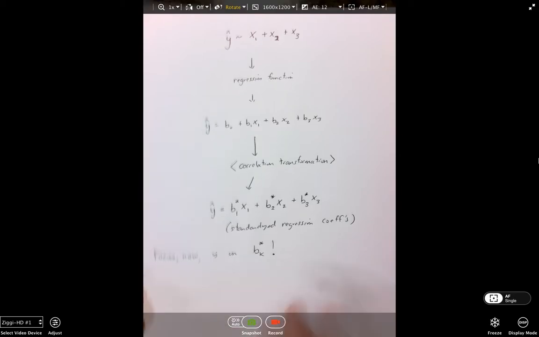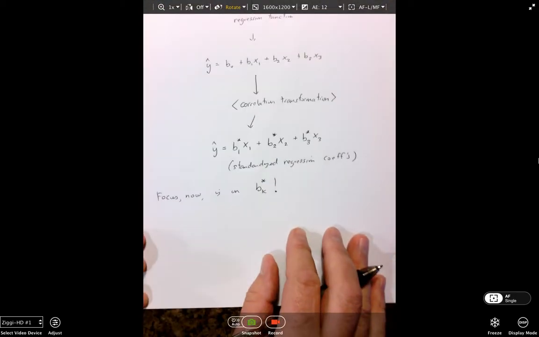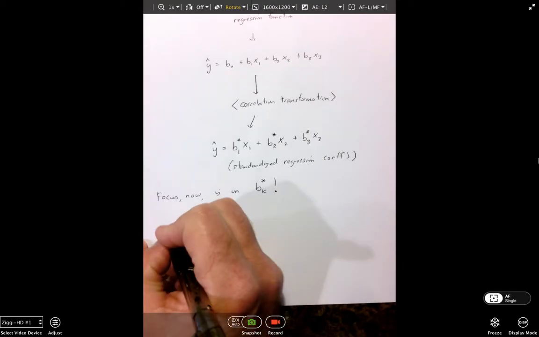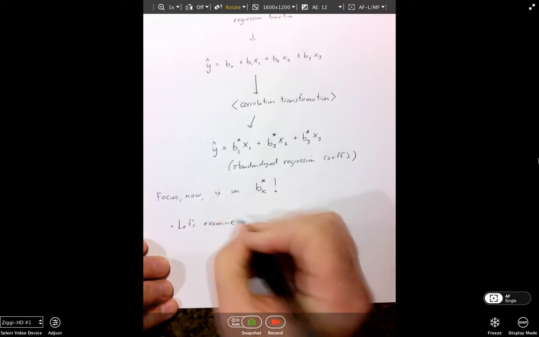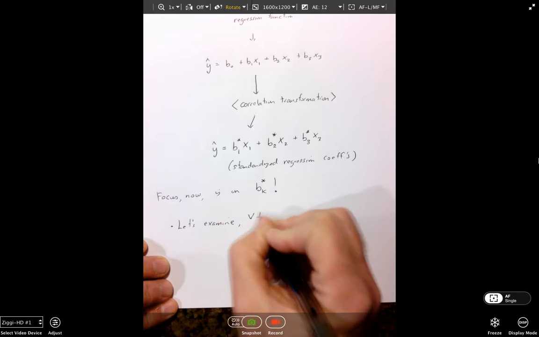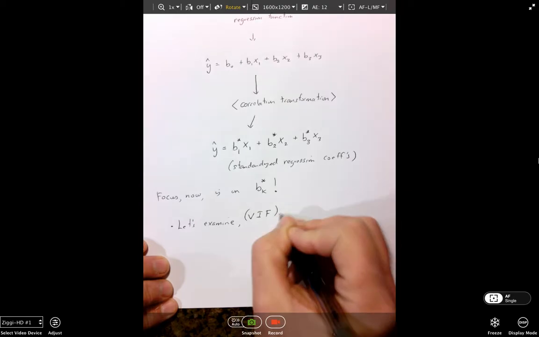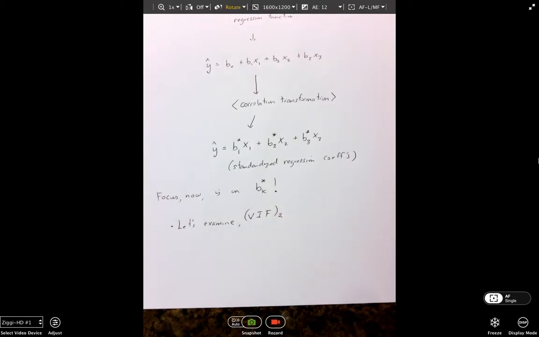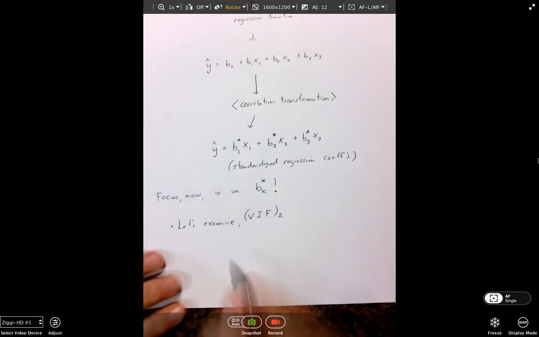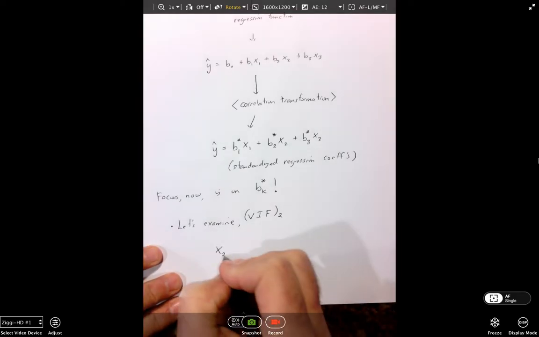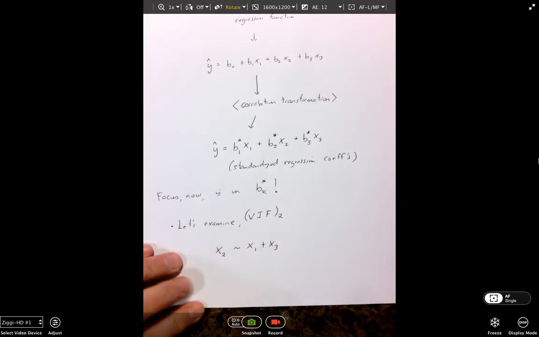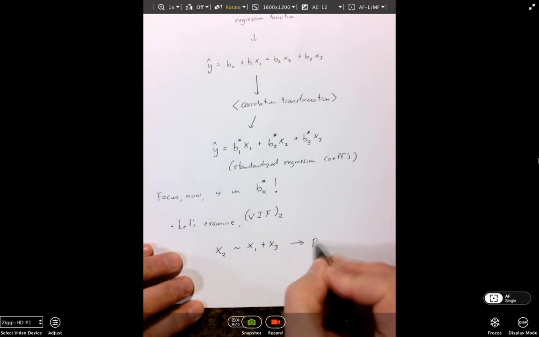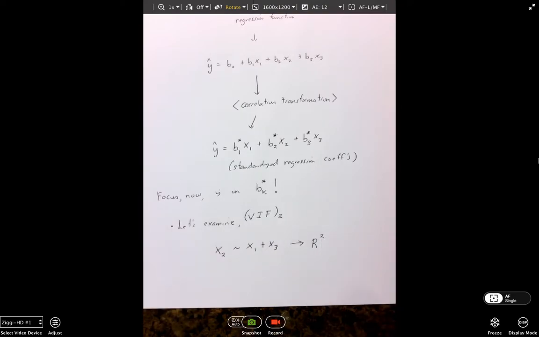So now if I want to examine the variance inflation factor for the second predictor, then I would have to regress x sub 2 on x1 plus x3, and from this model I would create my coefficient of multiple determination.